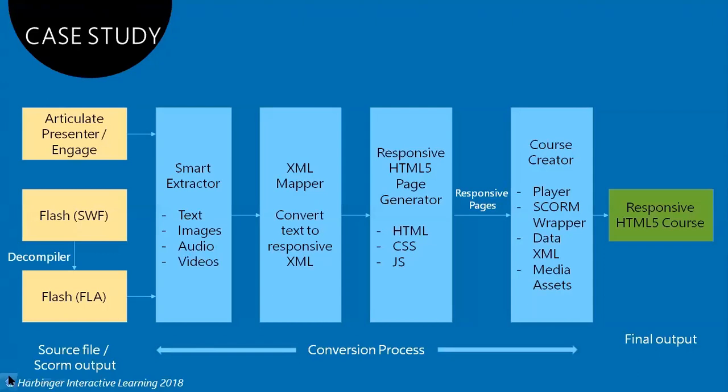And once the content is mapped, it's about packaging these individual HTML5 courses as a course package, and the end output is a responsive course with SCORM packaging or Section 508 features implemented in it. And the beauty is that these template libraries could be reusable for multiple projects.